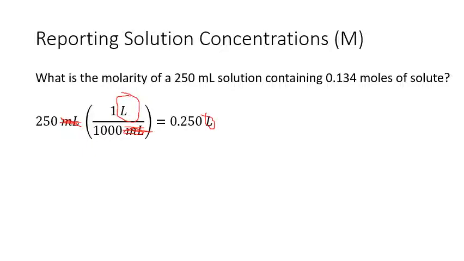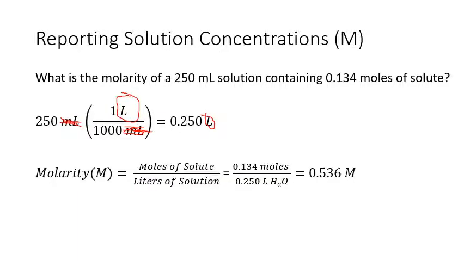That's our final volume there. So we know 1 liter contains 1,000 milliliters. So 250 divided by 1,000 means that we have 0.250 liters. And then we can just plug in our 0.134 moles, divide that by the 0.250 liters, and that gives us a concentration of 0.536 moles per liter, or 0.536 molar.